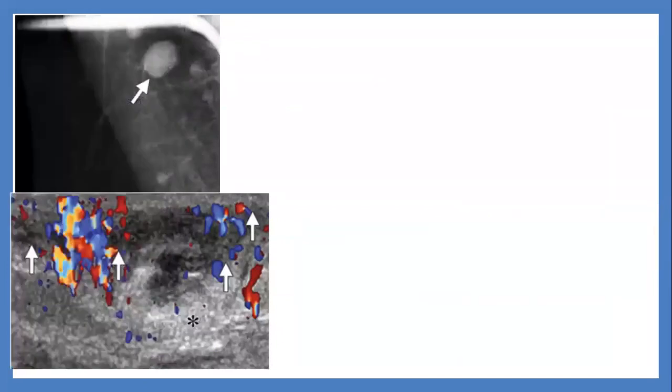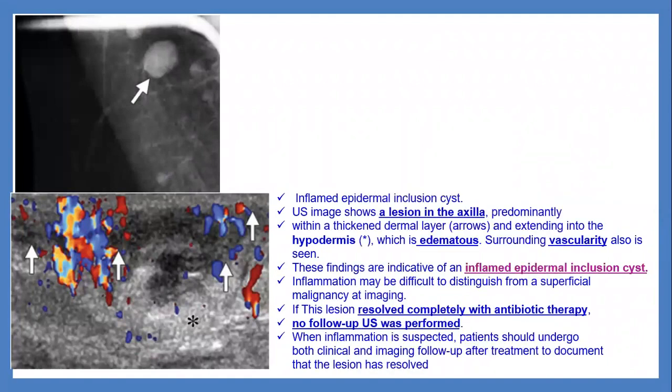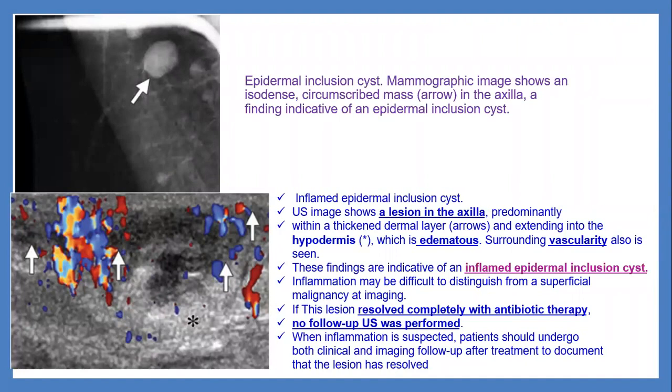On mammography it can give us circumscribed but low dense lesions, because it contains keratinizing oily materials. And when it gets inflamed, it is surrounded by extensive vascularity and tissue edema. In this case of inflammation, the patient should be followed clinically and radiologically until complete resolution.